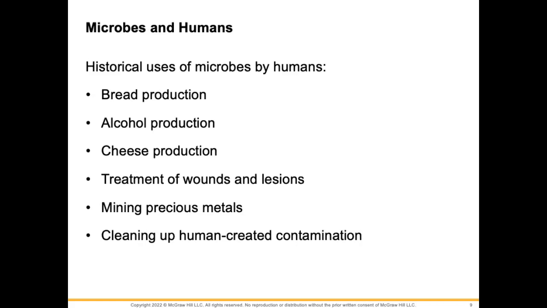Sometimes there are microbes used to treat wounds and lesions. There are microbes used to mine precious metals. I haven't really learned too much about that, but it'd be interesting to research. And then, of course, cleaning up human-created contamination. So we have oil-eating bacteria. We have all sorts of things that are used to help get rid of what us humans have done to the earth.